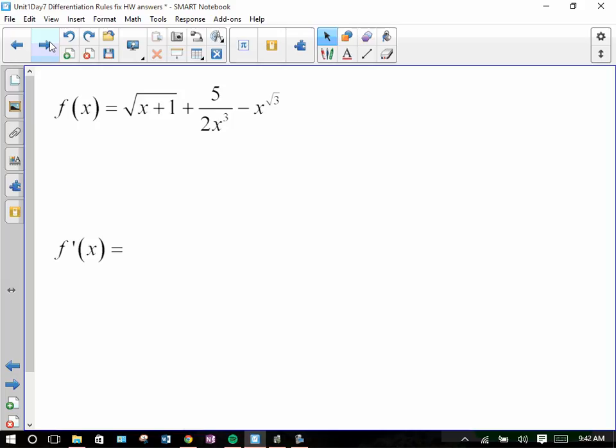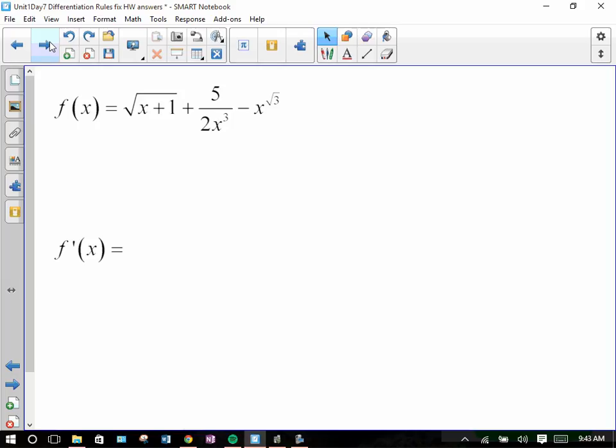Now, this one requires us to rewrite it a little bit. Do you guys see anything you might want to rewrite? Does anyone have any ideas what we're going to change it to? Right now, all you guys pretty much know how to work with is something raised to a power.